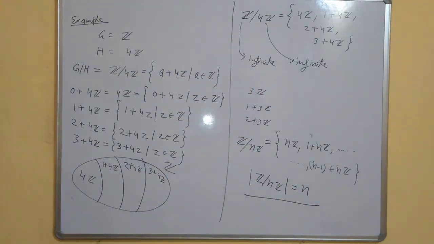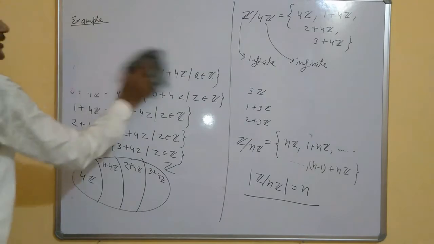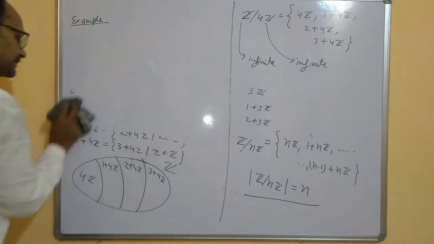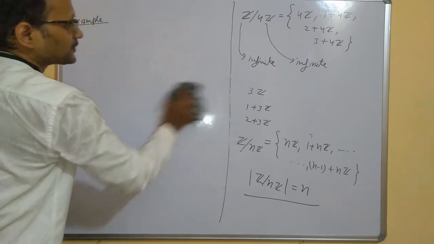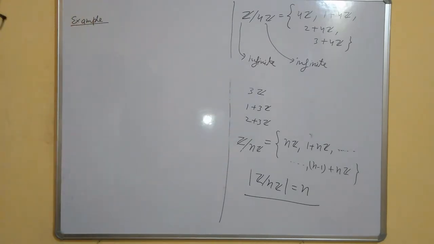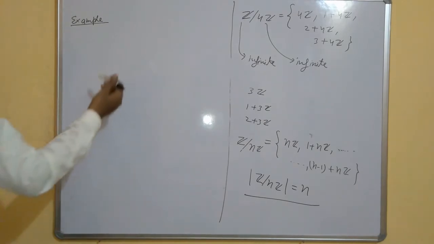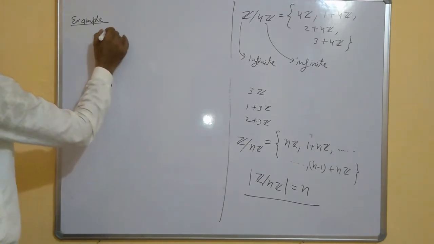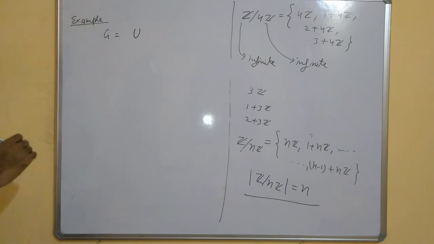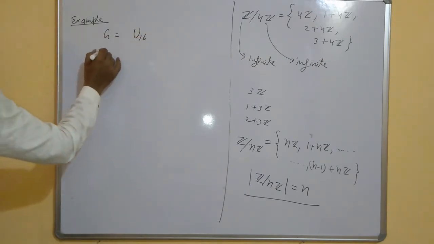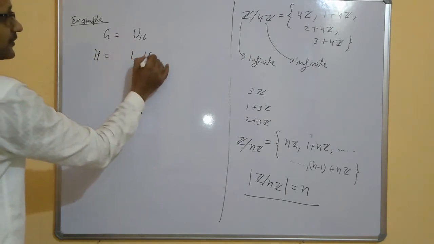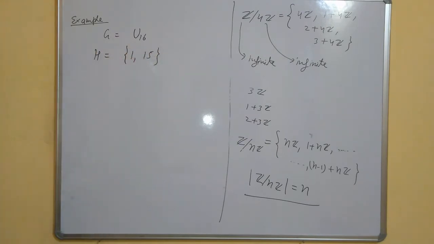Now come to another example. Consider the group G to be U16. I take this group and take a subgroup H to be {1, 15}.